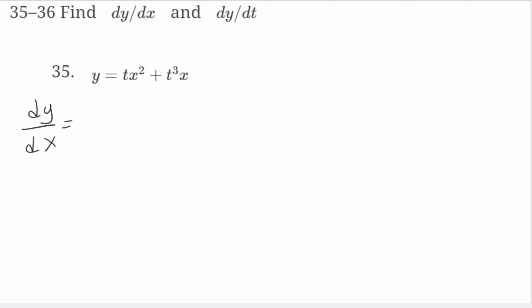So when we're looking at this derivative, in this case, we're only doing the derivative of the x term. So in this one, I've got 2tx, and this one is going to be t to the third, because I'm doing the derivative of the x term. The t's are considered to be constants for all intents and purposes in this problem.